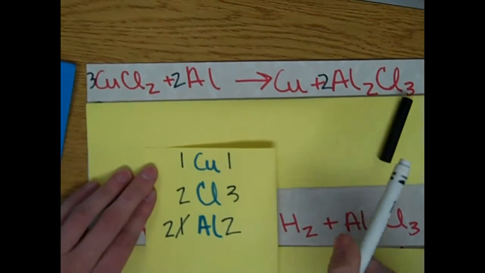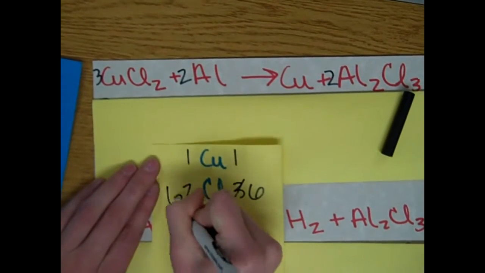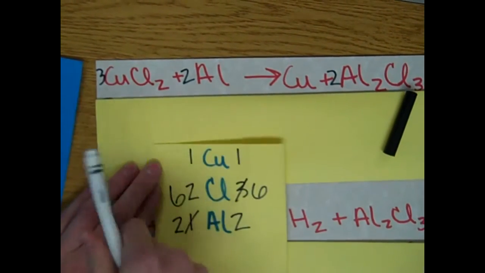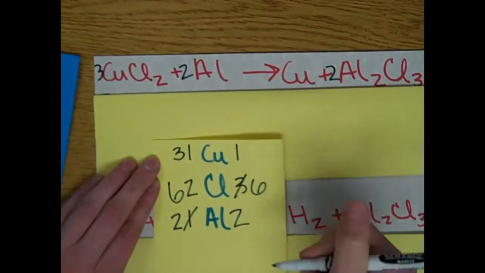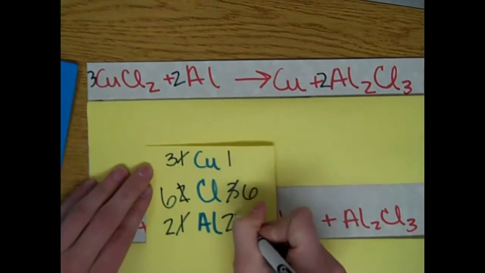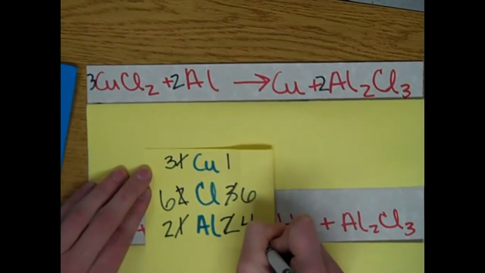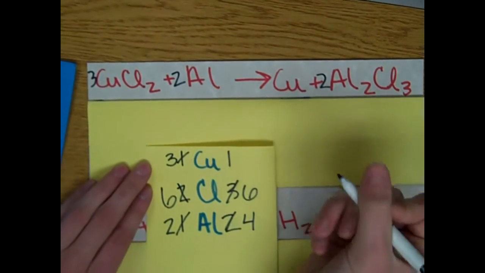There's 6 chlorides now, and 6 chlorides. And then 3 coppers, and 4 aluminums. But since that is still not equal, we need to balance the copper now.